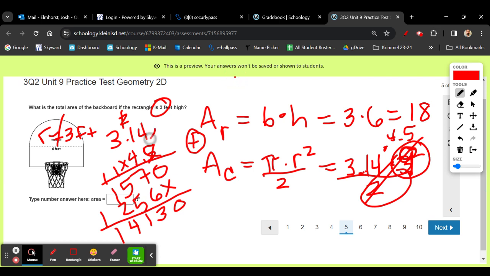Check your work. So the area of the circle is going to be 14.13. And so we have 18 plus 14.13. Line up your decimals. So we should have 32 and 13 hundredths.